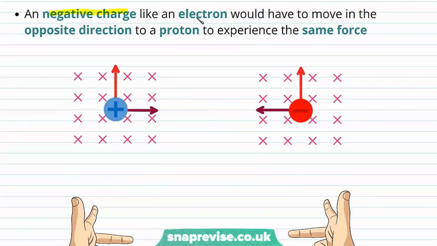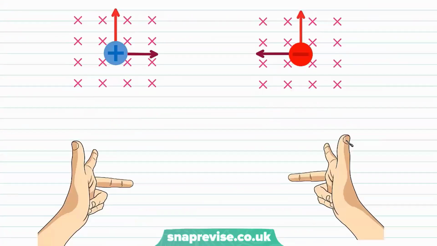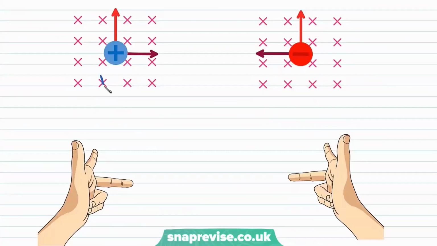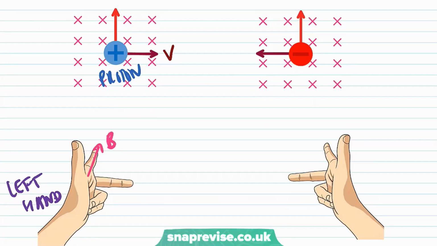A negative charge, like an electron, would have to move in the opposite direction to a proton to experience the same force. So here we have a proton, and its direction of motion is from left to right. If we illustrate this on our left hand, we can see that the magnetic field points into the plane of the paper, and the direction of motion of the proton is from left to right, and therefore the force acts upwards.